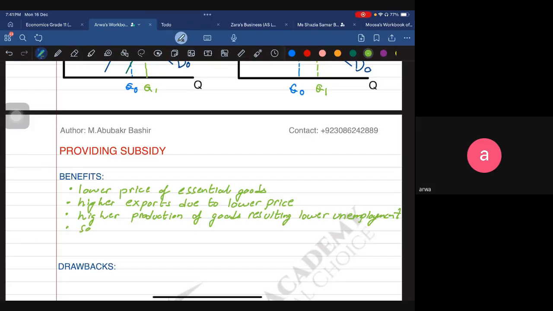Society can have positive externalities from the merit goods. Yes, that's the point. Society may also benefit if subsidy is provided on merit goods having positive externalities. Very nice.